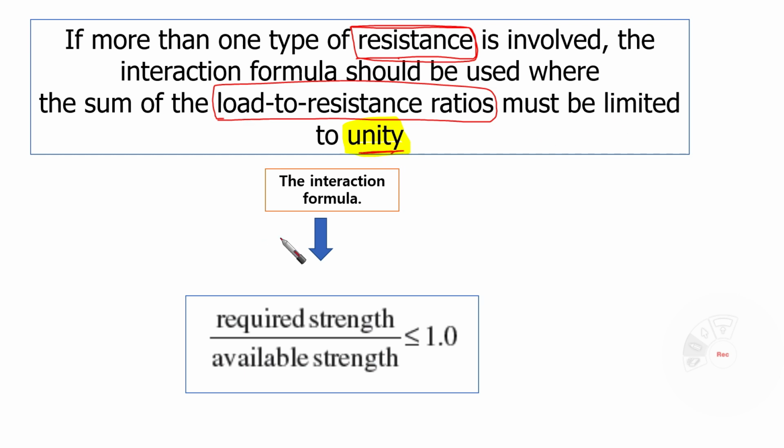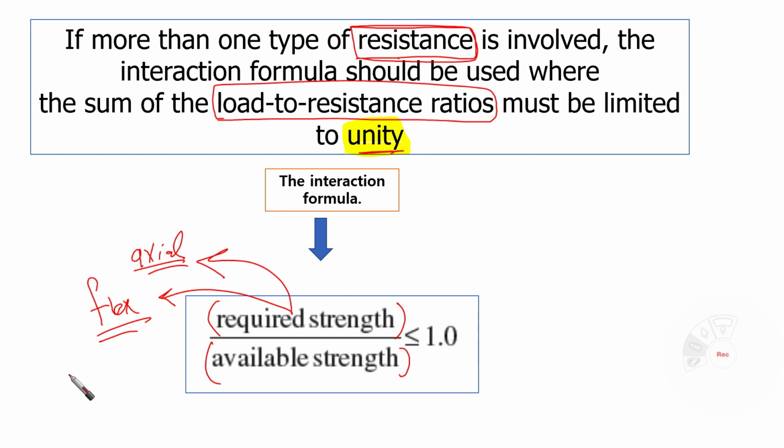So the required strength over available strength is going to be something related to axial force and something related to flexural force. So this is axial and flexure, and it should be less than 1.